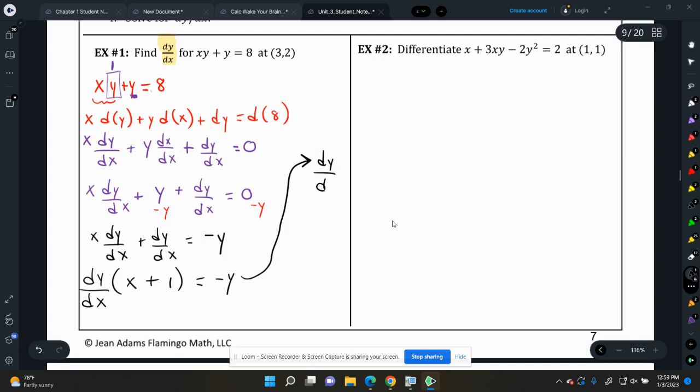Yeah, so dy dx equals negative y divided by x plus 1. There's my dy dx. Now I'm going to evaluate this at the point (3, 2). So it equals negative 2 over 3 plus 1, which is negative 2 over 4, or negative 1/2.